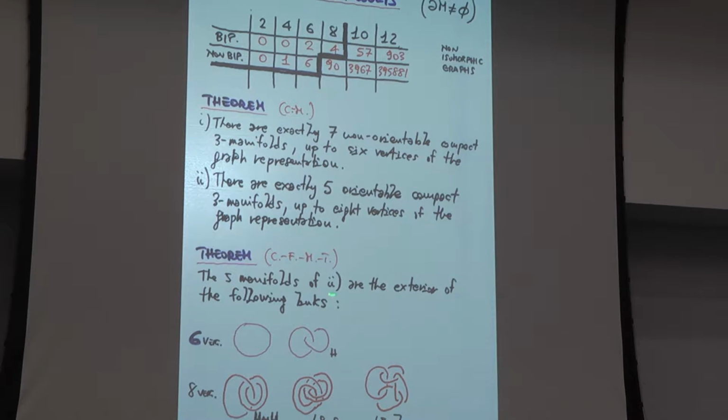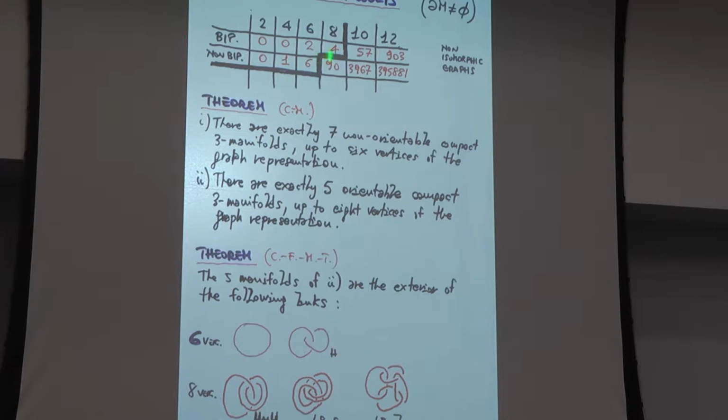So our first result with Evgeny, Fominykh, and Tarkaev was that these 5 orientable compact 3-manifolds with non-empty boundary are all exactly complements of knots and links in S3.